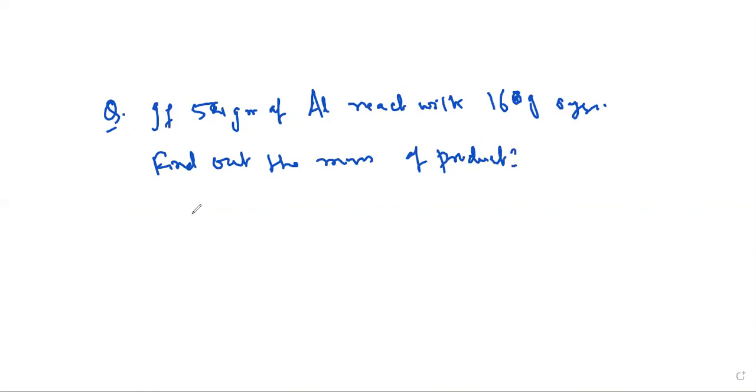Have you written the reaction? Yes, ma'am. 4Al plus 3O2 gives 2Al2O3.